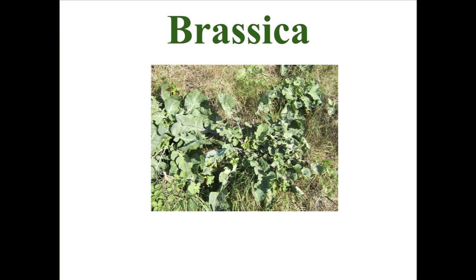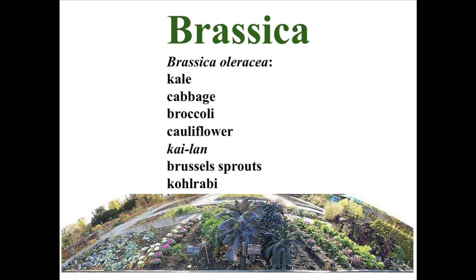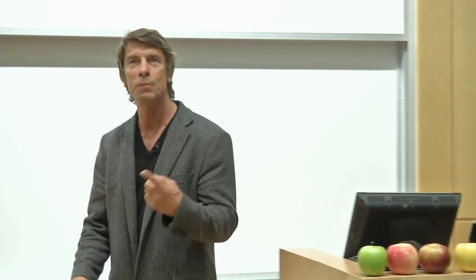So if you consider the Brassicas, here in this slide is a picture of what wild cabbage would look like prior to domestication. So Brassica oleracea as a species, a single species, gives us kale, cabbage, broccoli, cauliflower, kailan, Brussels sprouts, and kohlrabi. These are all the same species. These are all just different varieties of the same species.